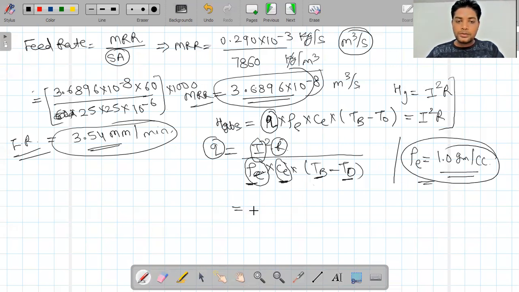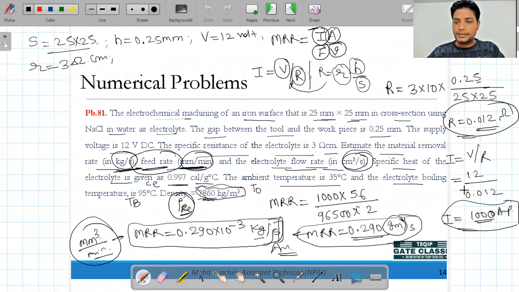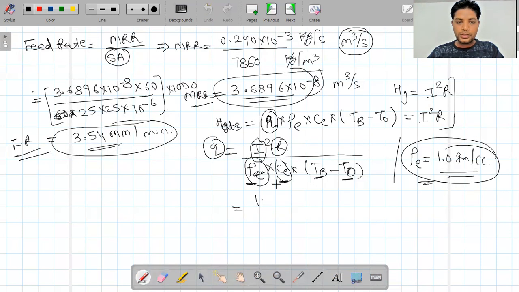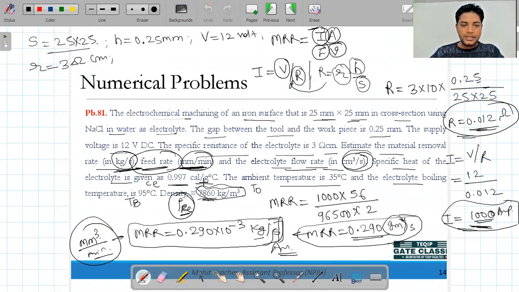Fine, so just put the value, that is I is 1000 and R is 0.012. So this is 1000 square into R, that is 0.012, upon rho E, that is 1, into CE. How much CE is given to you? And please keep in mind the unit as well, that is in calorie per gram into degree centigrade.